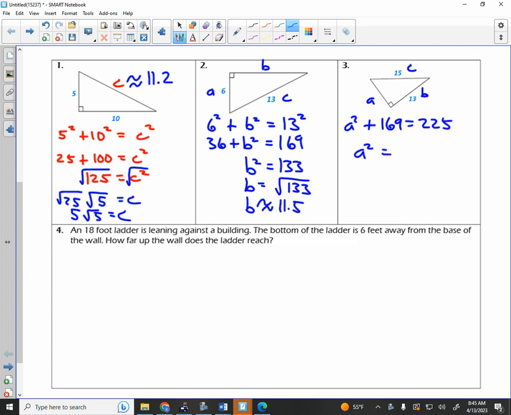So A squared is equal to, what did you come up with, 225 minus 169? 56.